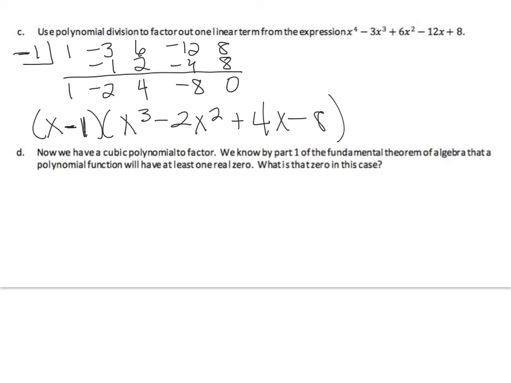We know by part 1 of the fundamental theorem of algebra that a polynomial function will have at least one zero. What is that zero in this case? If you look back at the graph, it crossed the x-axis at 1 and 2. We already used 1, so we have 2 left over.